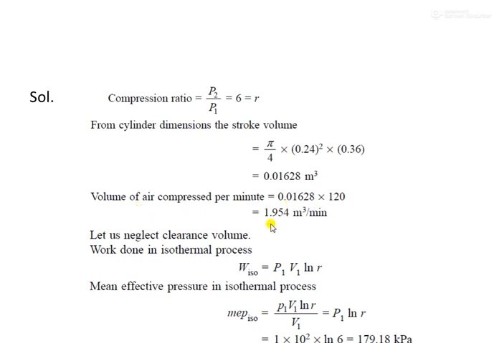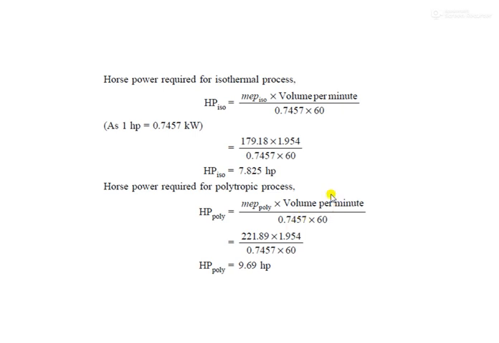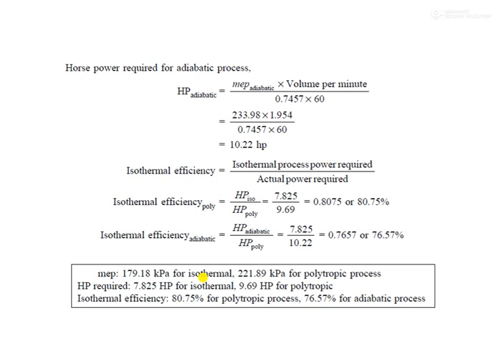The volume of air per minute, 1.954, divided by the conversion factor of horsepower and divided by 60 because it is per minute, so we'll be getting it in watts, right? Similarly, the horsepower required for polytropic: the mean effective pressure for polytropic, then volume per minute, and this will be the value for horsepower required for polytropic process.